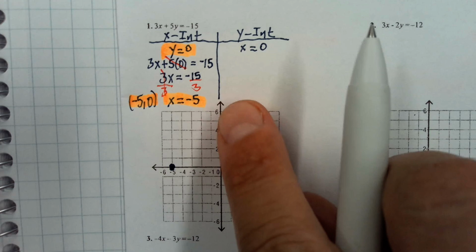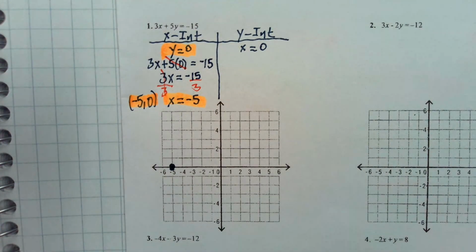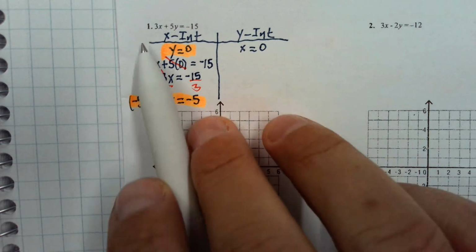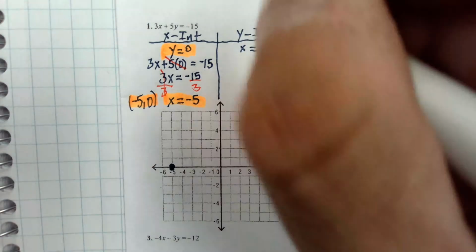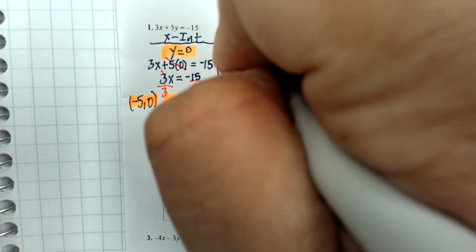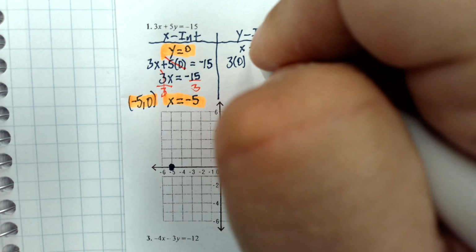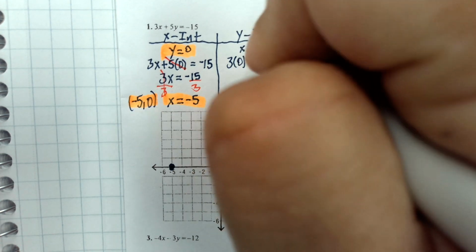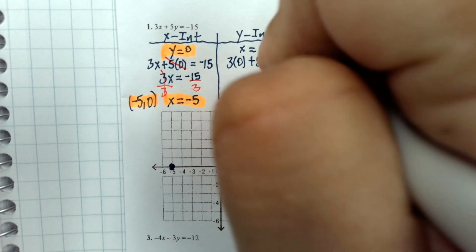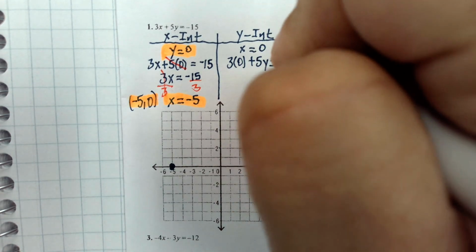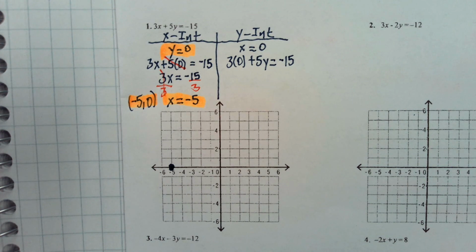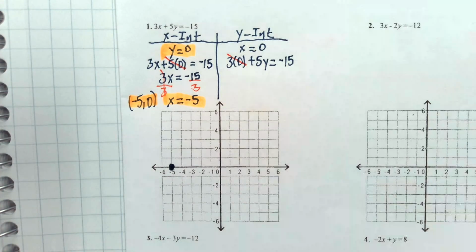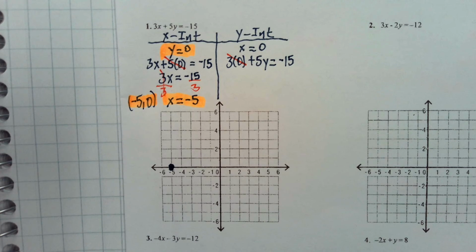Let's figure out where it crosses on the y-axis. So for that, we're going to make x equal to 0. Okay? So take that equation again, but instead of 3 times x, make it 3 times 0. So 3 times 0 plus 5y equals negative 15. Okay? And 3 times 0 goes away.